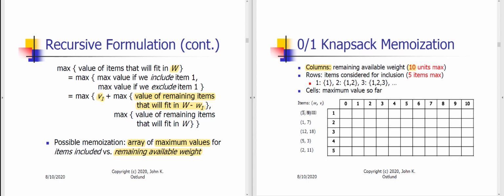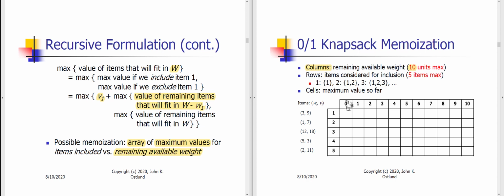Let me rewind and say this in a different way. We're going to consider whether we should include item 1, and whether we can include item 1 if we have no available weight remaining in our knapsack.